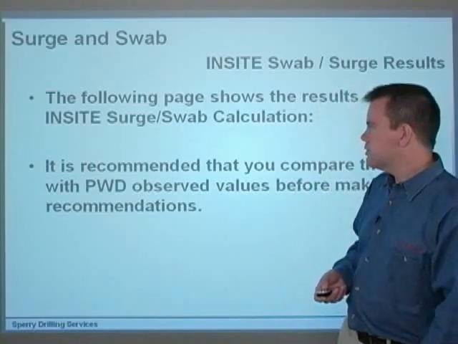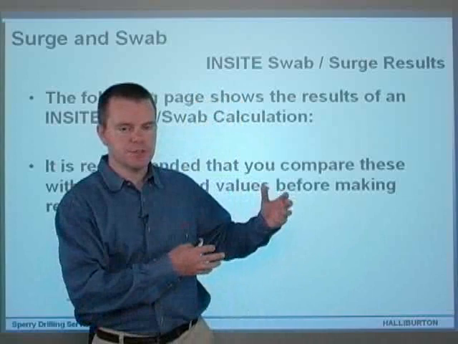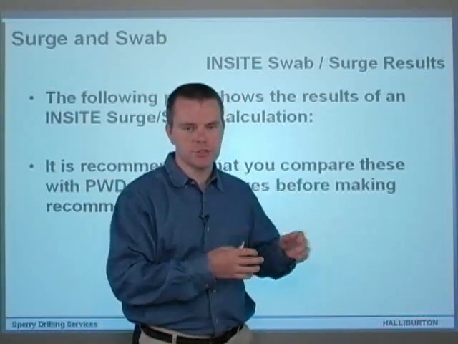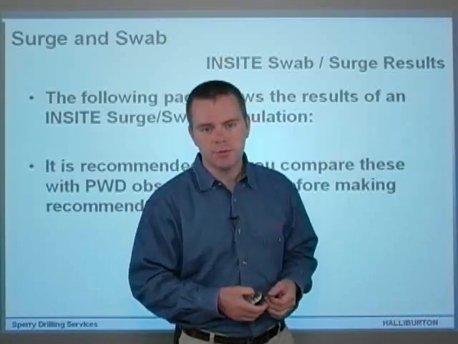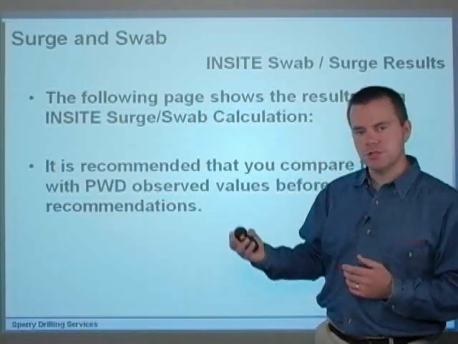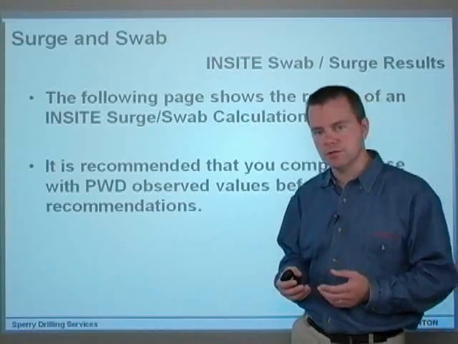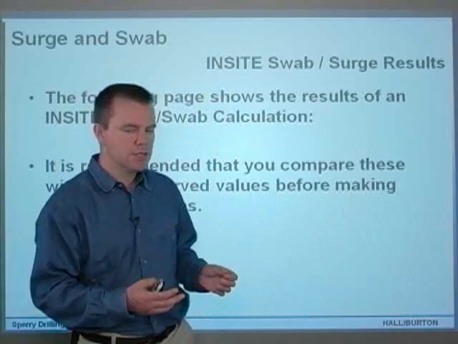Now the following page shows the results of an INSITE surge swab calculation. There's a part of this course that shows you how to set up the geometry and go through the calculation. The next page just shows you the results. I wanted to show you this because it's recommended that you compare these with PWD observed values before making recommendations.